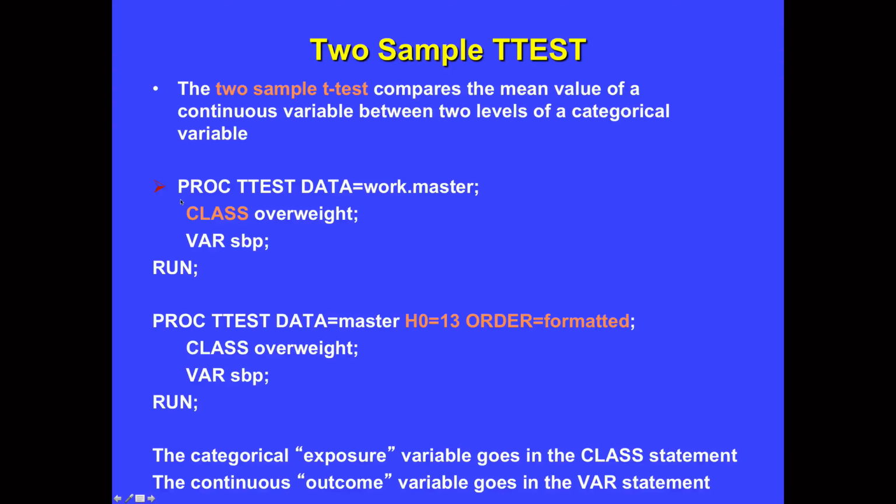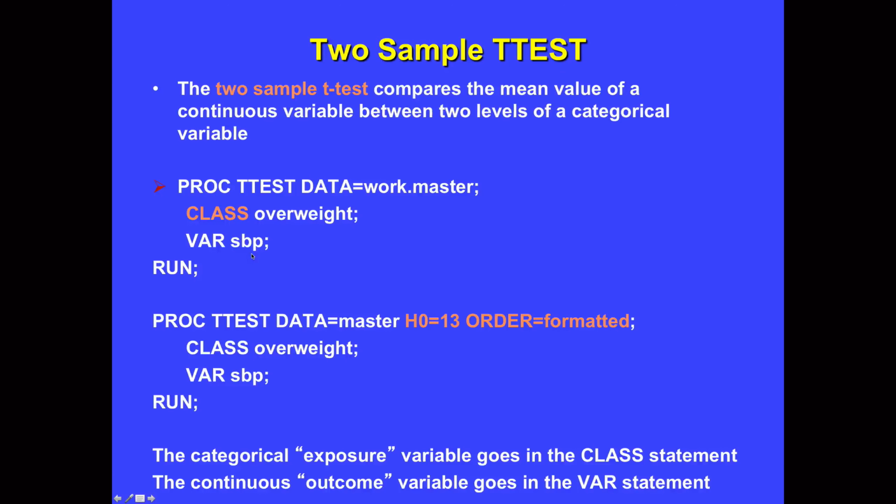So we're again using the t-test procedure, so we specify proc t-test in our data set. And the major difference here as compared to the one sample setting is that we're adding a class statement, and in the class statement you need to specify the two-level explanatory variable, or in other words exposure variable, of interest. And then again in the var statement you specify the dependent variable or the outcome of interest.